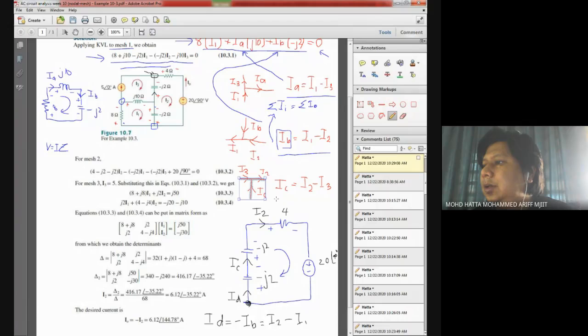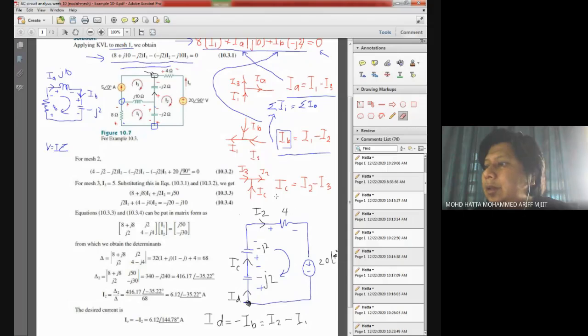I draw it a bit bigger over here, where I know that the current coming into this node is I3 and my current IC, the one that I would like to find. And the current at the right hand side, flowing out from that node, is I2.